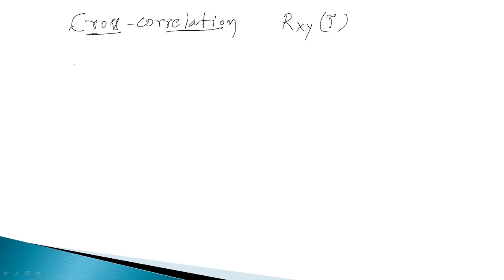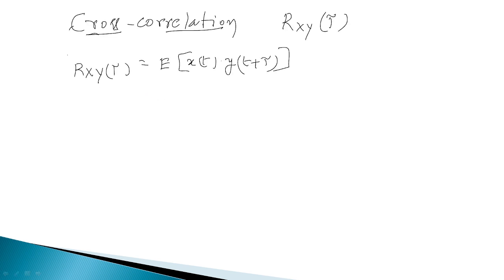So here the average of two different signals, average means expectation, x of t multiplied with y of t plus tau. This is the final equation. We need to prove this. This is the cross correlation function.